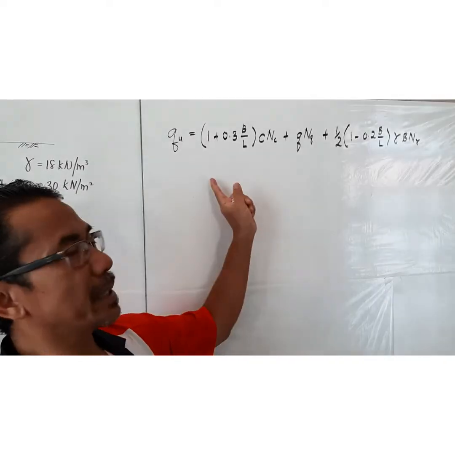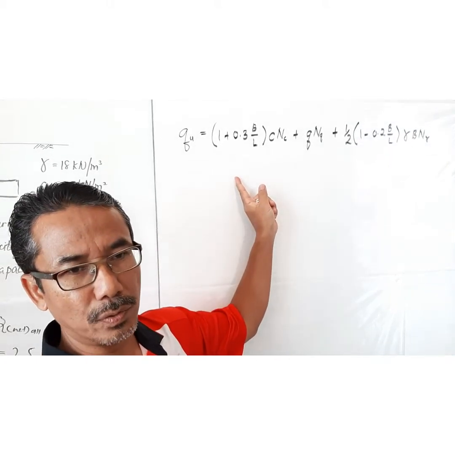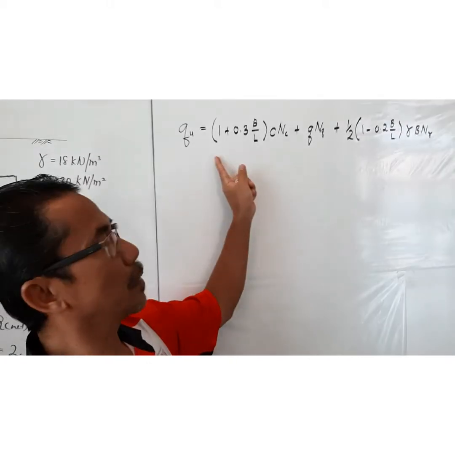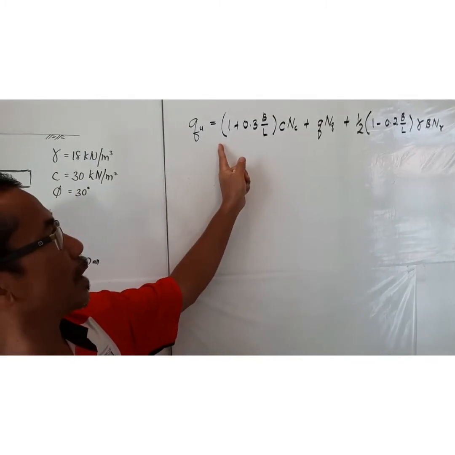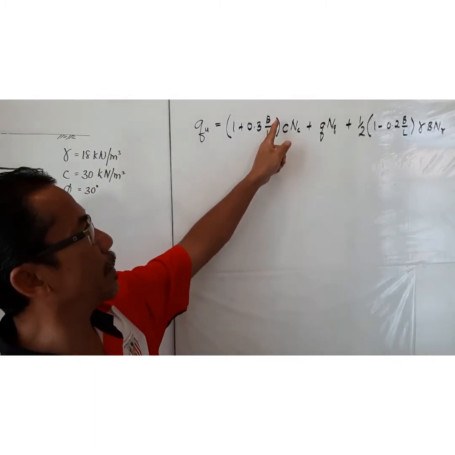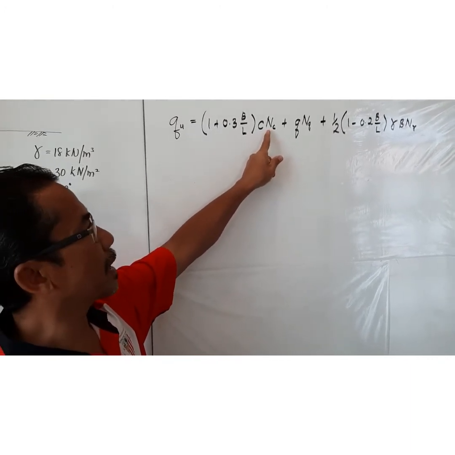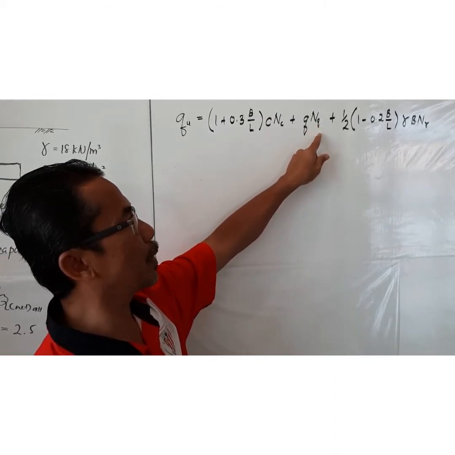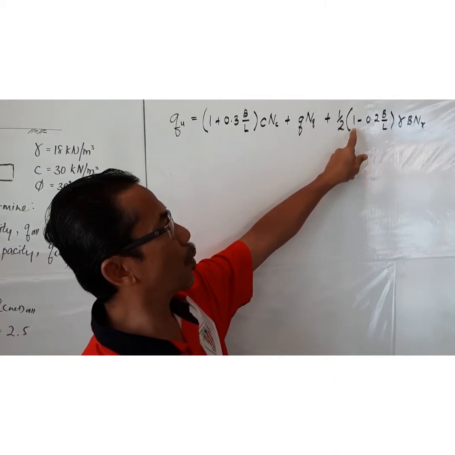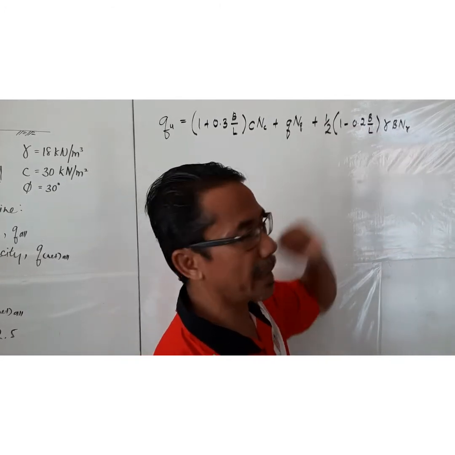Okay, this is the equation that we are going to use. If you refer to your book on page 22, you refer to the rectangular footing, right? This equation, q sub u equals (1 plus 0.3 B over L) multiplied by c multiplied by N sub c, plus q multiplied by N sub q, plus 1/2 (1 minus 0.2 B over L) multiplied by gamma B N sub gamma.